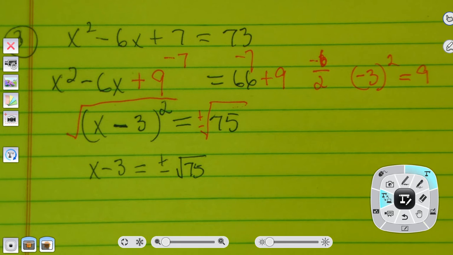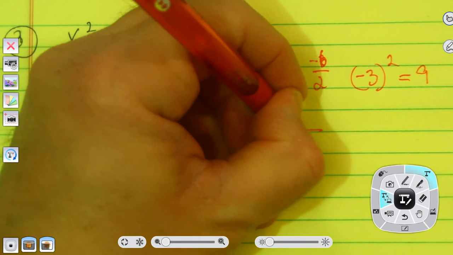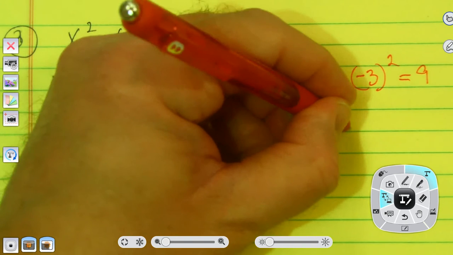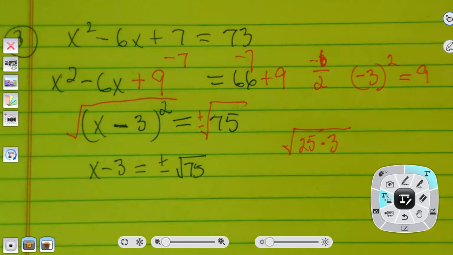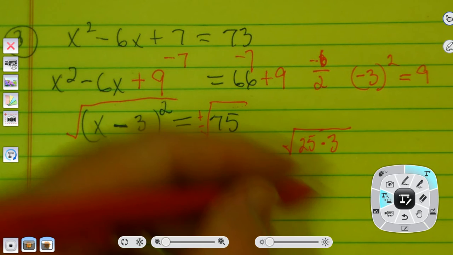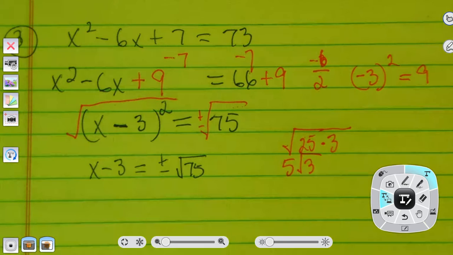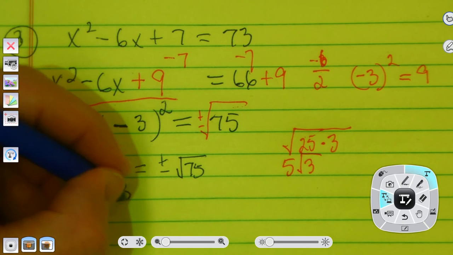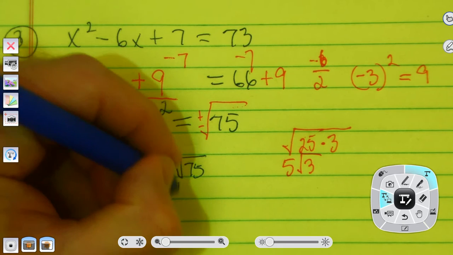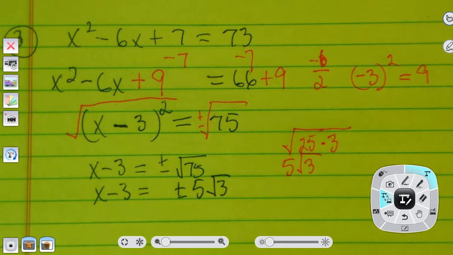Really need to simplify the square root of 75. We should remember how to do that. That's 25 times 3. The square root of 25 is 5 radical 3. So I'm going to rewrite that as x minus 3 equals plus or minus 5 radical 3. That's simplified.